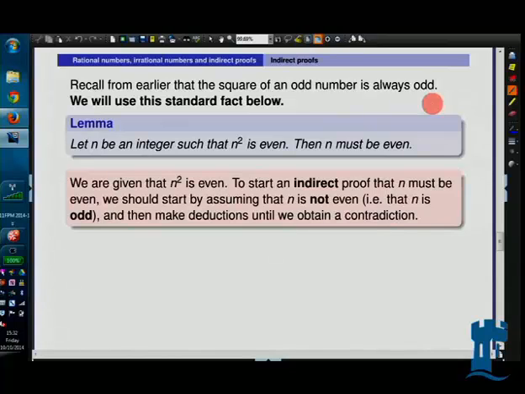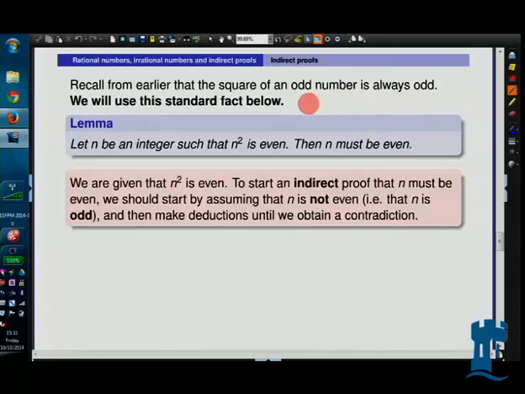You could do this one by using what you could almost call contraposition. You'll see in analytical and computational foundations that if you know a statement's true, then the contrapositive of that statement will be true as well. So that would be an alternative approach to this. But I want to show you a really easy version of proof by contradiction. This is one of the easiest I can think of.